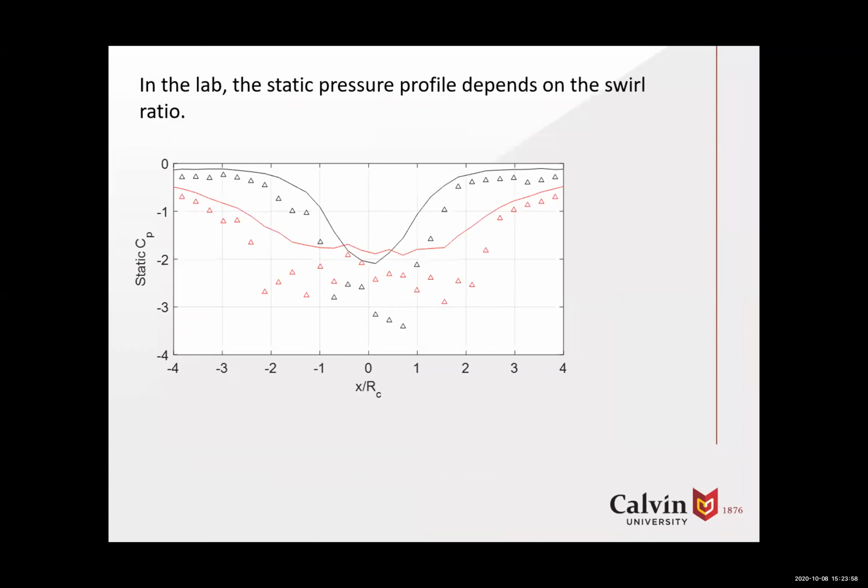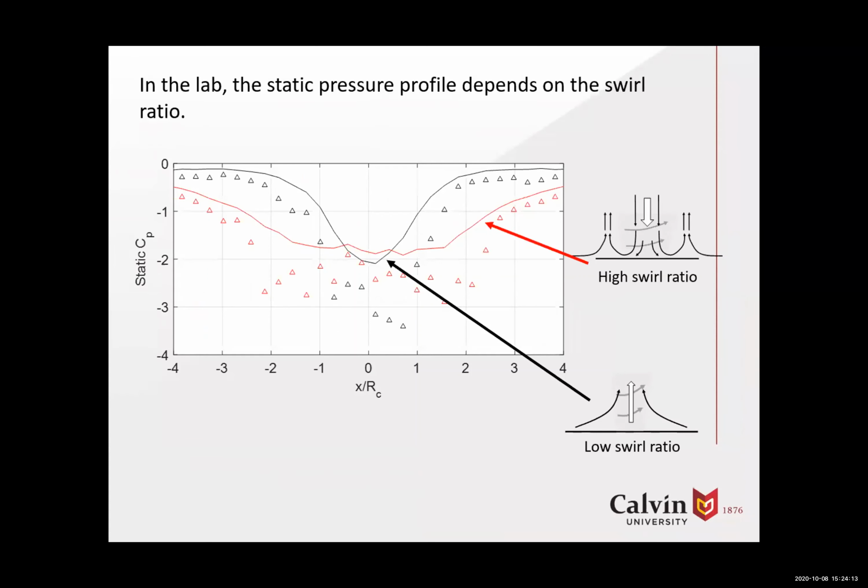If we look at the static pressure profiles in the tornado simulator, the profiles themselves depend on swirl ratio. A low swirl ratio gives you this more narrow profile. This high swirl ratio spreads that out significantly more.